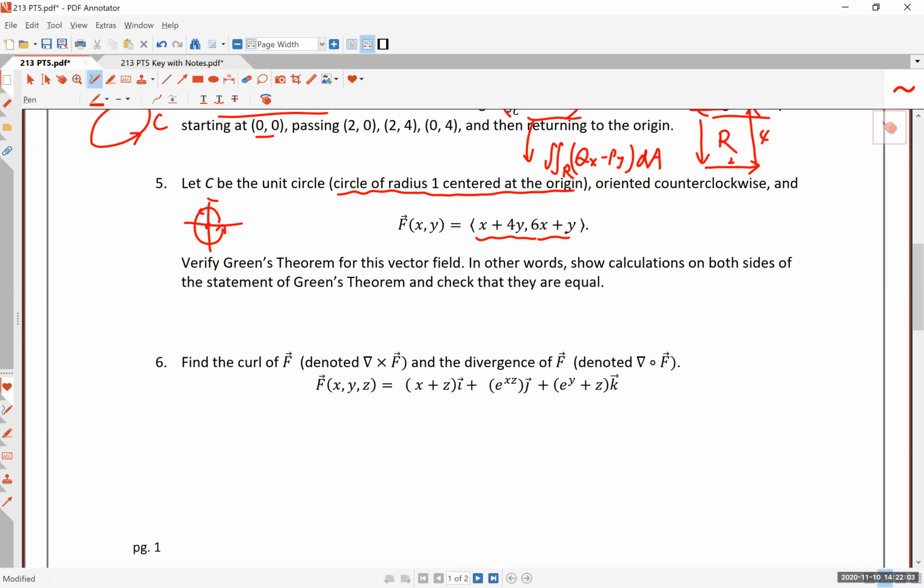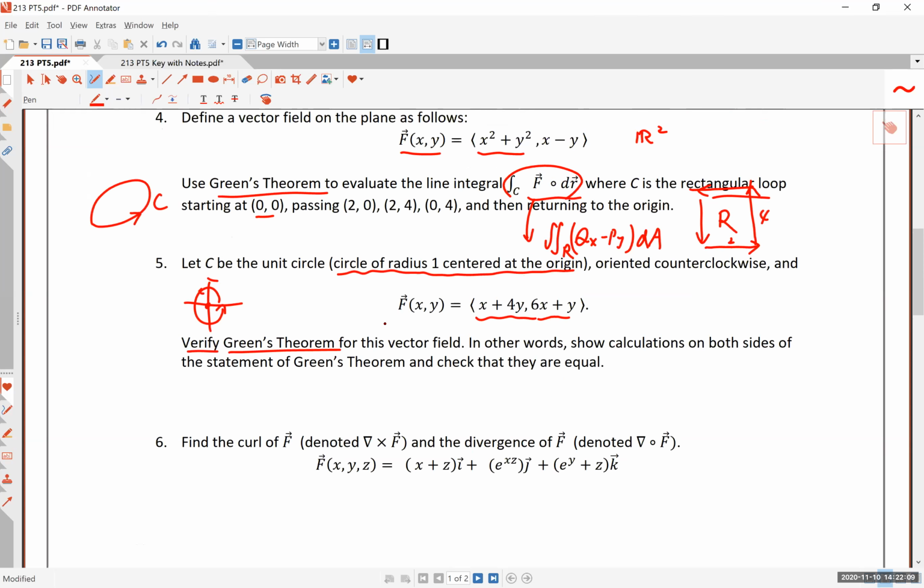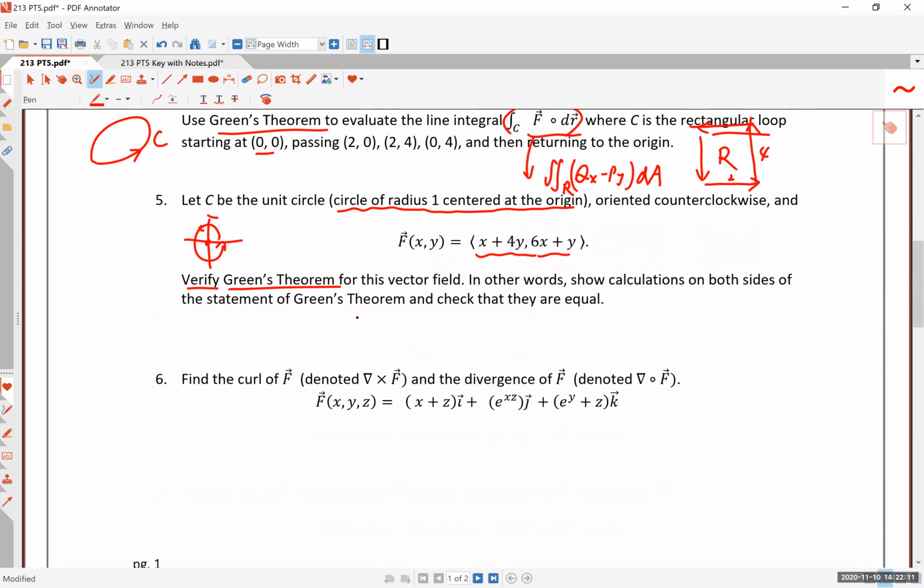Again, two-dimensional. Use Green's theorem. It says verify using Green's theorem. So that means you have to calculate this side, and you have to calculate the other side. It's very important for you to be able to write down the standard equations or the statements of these theorems, especially the theorems with names like Green's or Stokes or the divergence theorem.